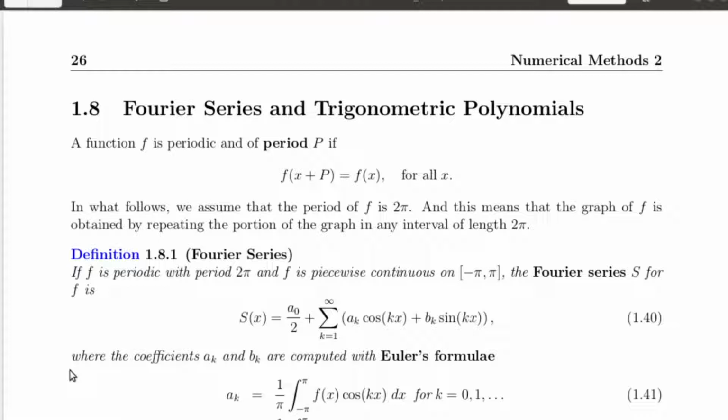So the main motivation behind the work of Fourier was the solution of the heat equation. The heat equation is a partial differential equation that models the flow of heat in a metallic rod. So that's what he was solving. He's the first person who expressed the solution of the heat equation using the superposition principle.